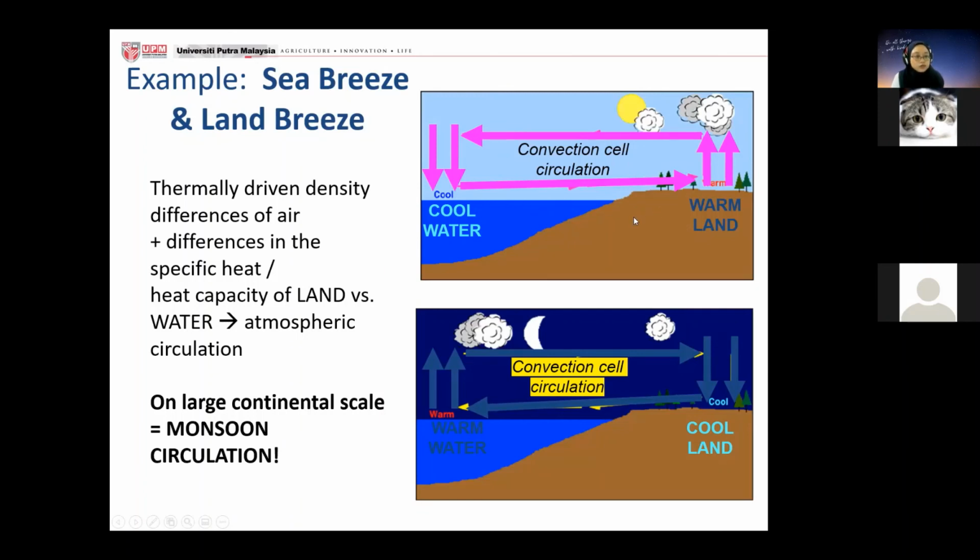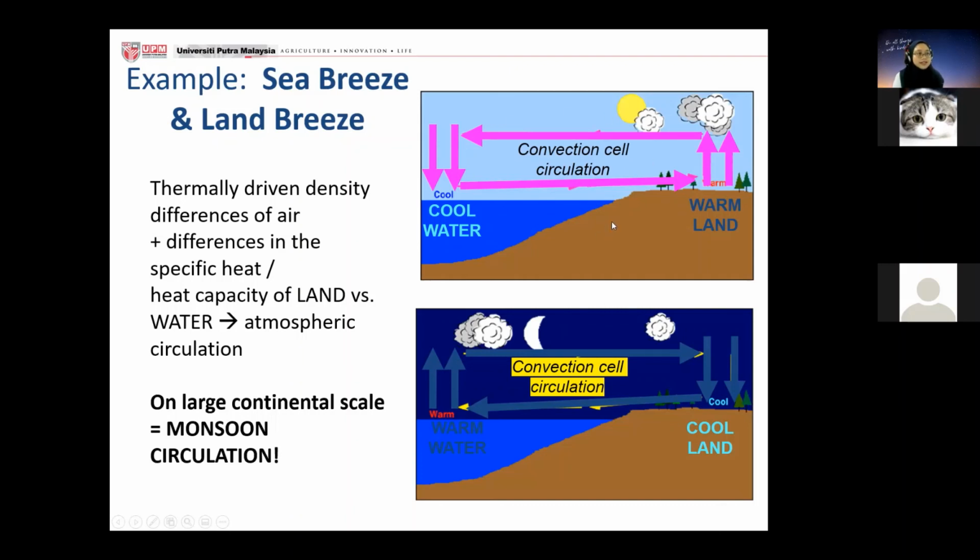Okay, as these two are exposed to the sun, the land is going to be heated much faster, and it becomes warmer, right? And as it becomes warmer, you have this circulation, because remember, heat goes from hot to cool, okay? And you will have your wind system.